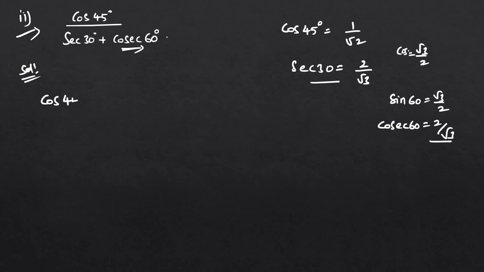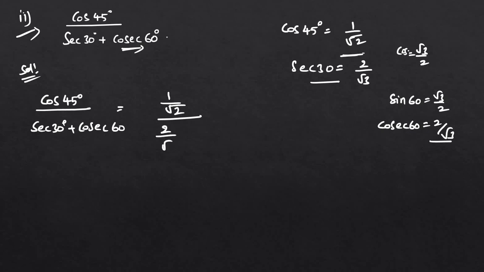The question is cos 45 degrees divided by sec 30 degrees plus cosec 60 degrees. We have to substitute the values. Cos 45 is 1 by root 2, divided by sec 30, which is 2 by root 3, plus cosec 60, which is also 2 by root 3.